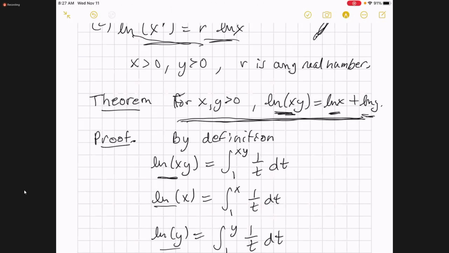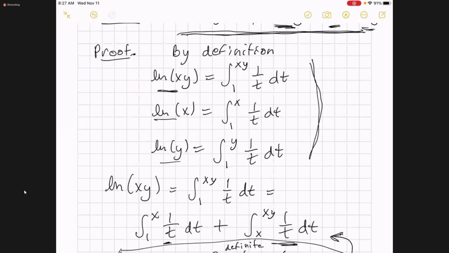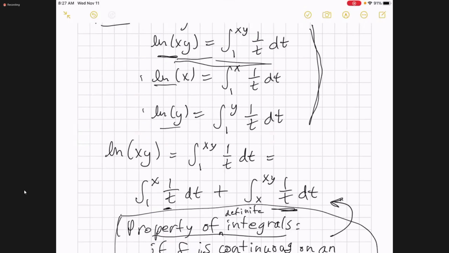And ln of y is the integral from 1 to y of 1 over t dt. So this is how I've defined ln of xy, ln of x, ln of y. And now let's start with this, and I want to show that this is the sum of this and this. But I have to go through some steps to do that.